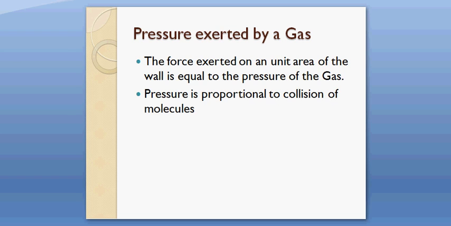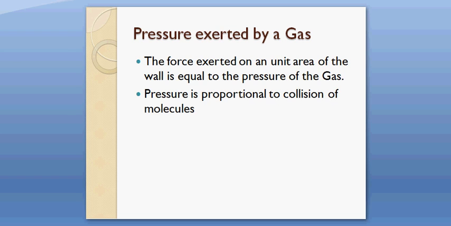And the reason is that the molecules of gas collide during their random motion with the walls of the container as well as within themselves, that is intermolecular collision. Since a large number of molecules collide with the wall and appreciable forces act on the wall, the force exerted on the unit area of that wall is equal to the pressure of the gas, right?